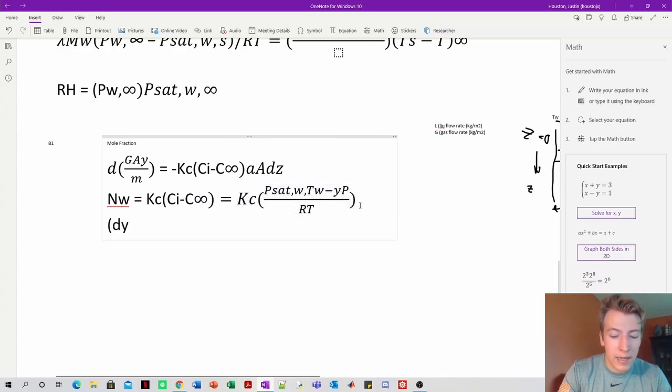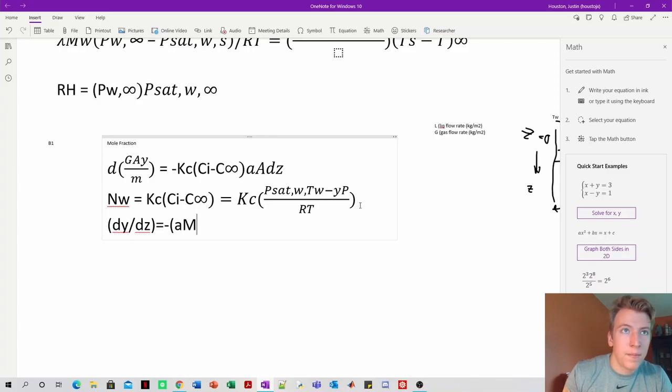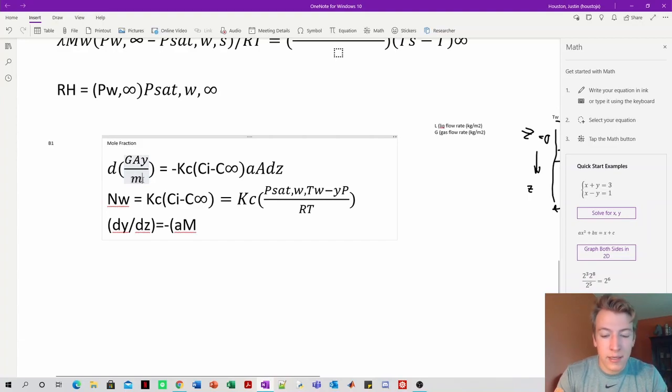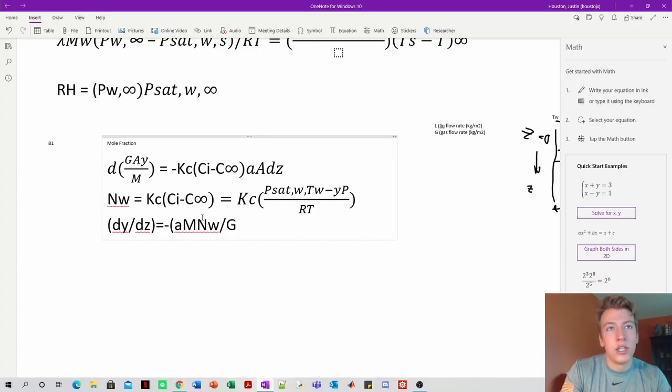So we have dy dz being equal to negative specific area times the molecular weight, and I should capitalize this just to keep it consistent, times that molar flux all over G, which is the gas flow rate. So that completes our differential equation for the mole fraction of the cooling tower.